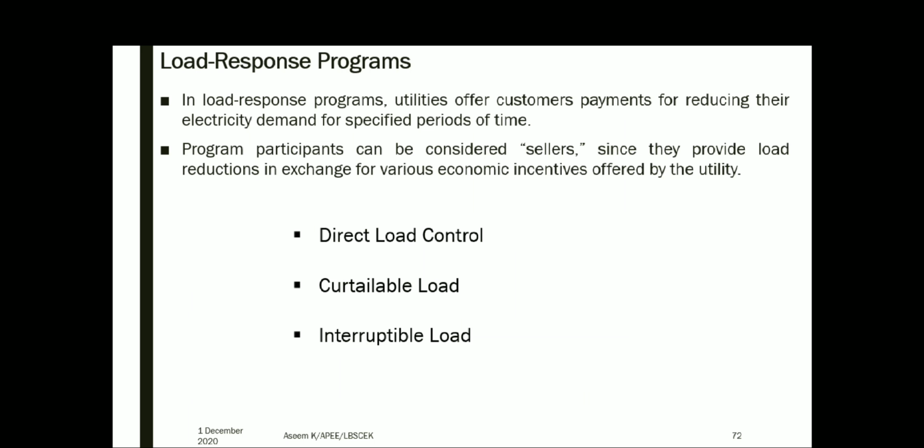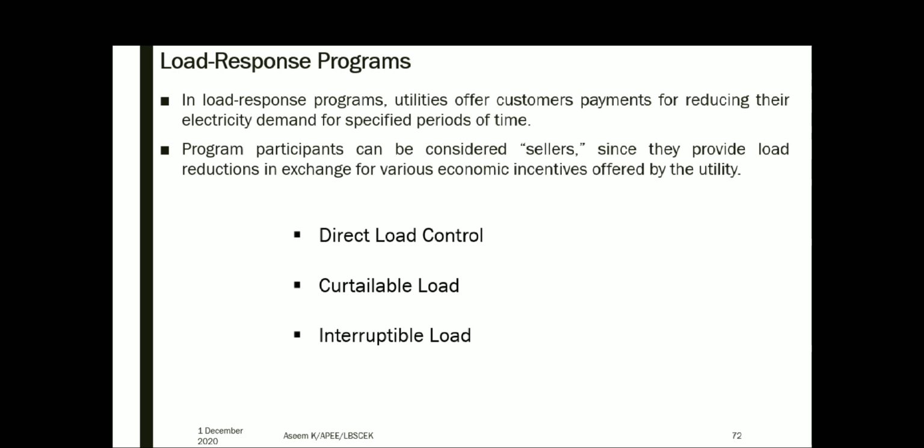So, the load response program. In load response programs, the utility offers customers payment for reducing their electricity demand for a specified period of time. Program participants can be considered sellers, since they provide the load reduction in exchange for various economic incentives offered by the utility.